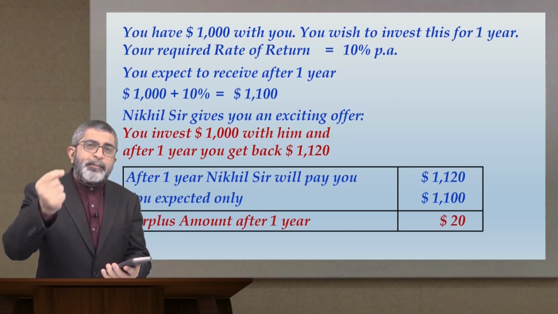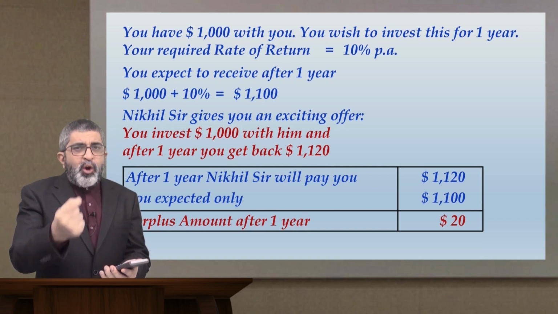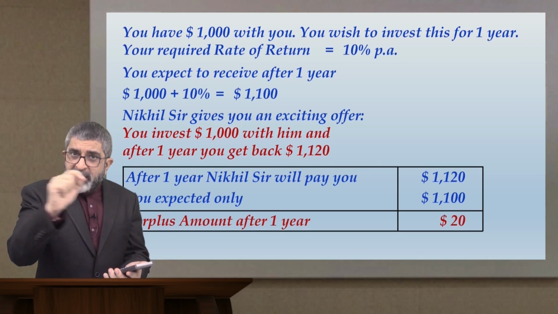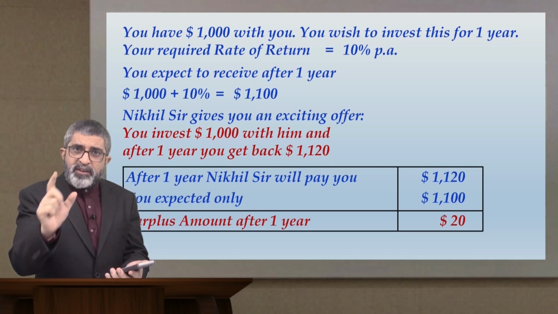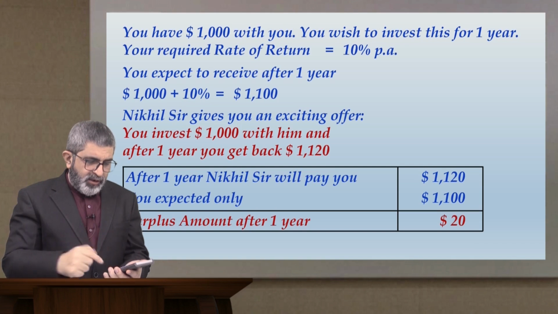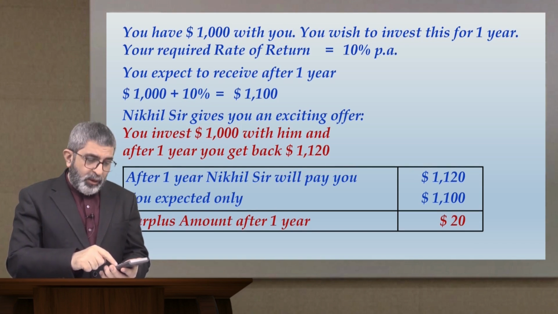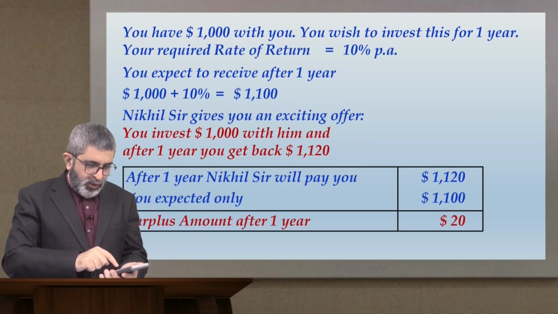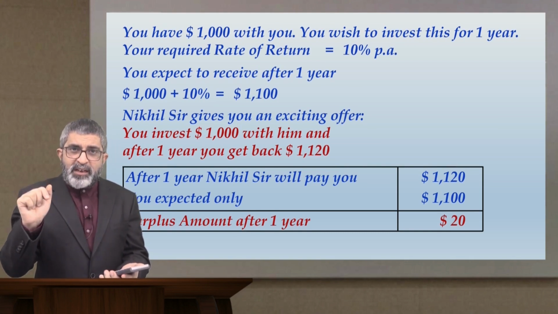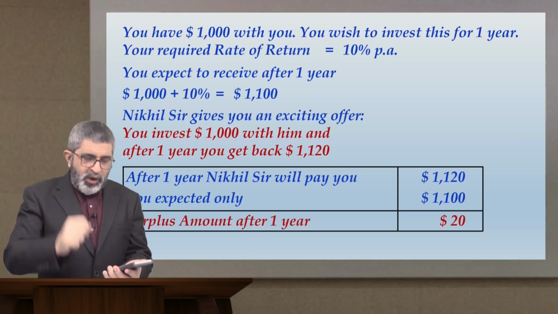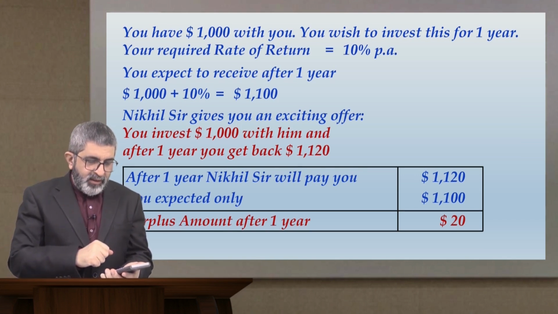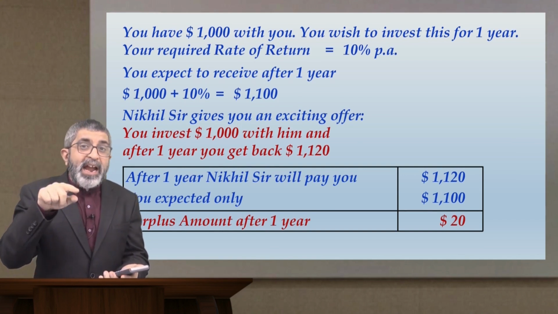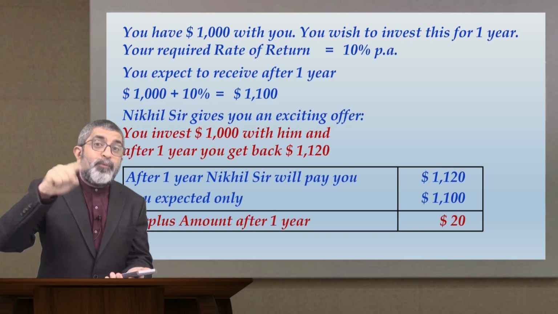I want to find the present value of this inflow. Because my discounting rate is 10% per annum and the time horizon of investment is just 1 year, to convert this 1,120 to its present value, I divide it by simply 1.1, that is 1 plus interest rate. 1 plus 10% is 1.1. So what we get is 1,018.18. That is the present value of the inflow.